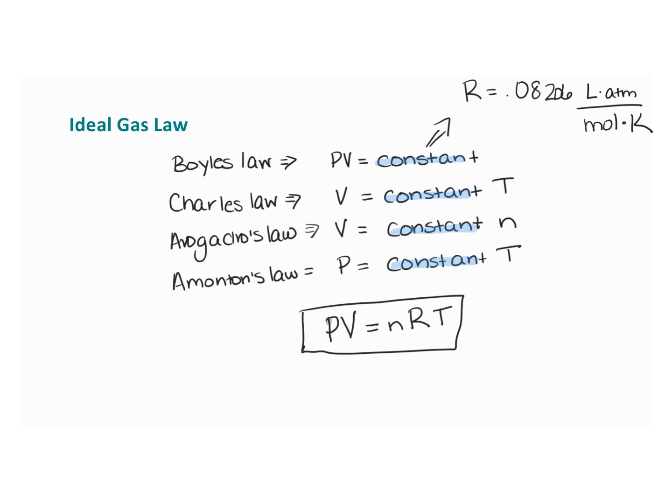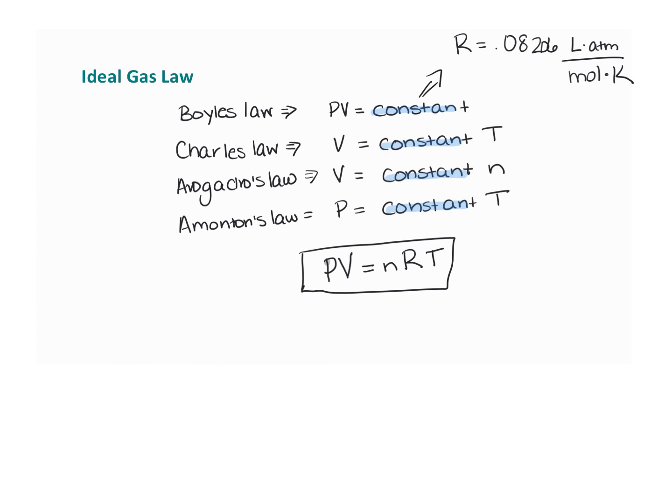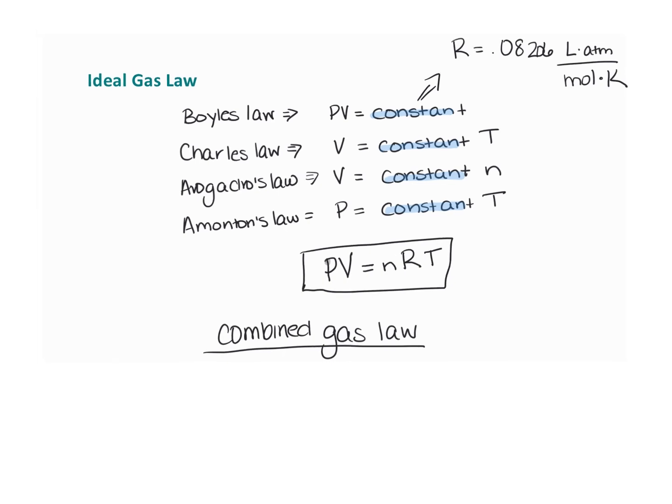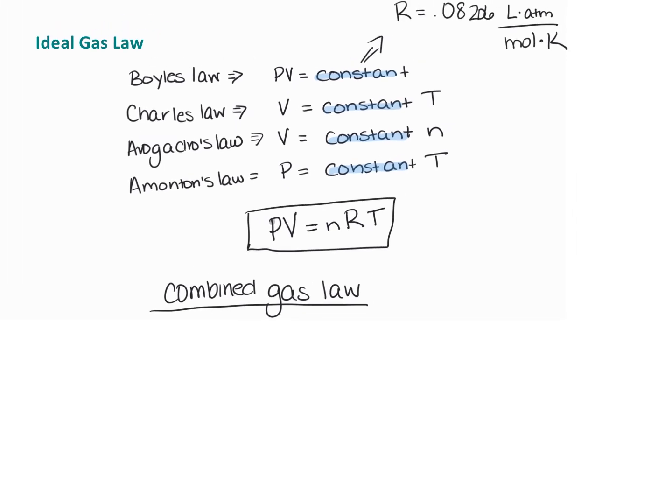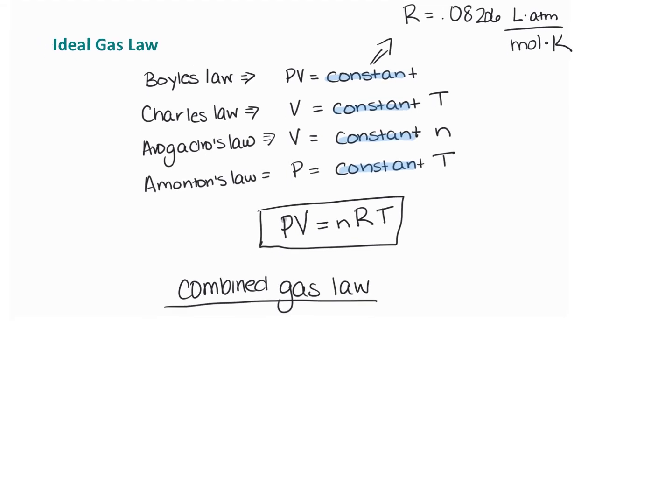I want to point out one other law really quick, and that is the combined gas law. Basically, people refer to the combined gas law if you have two sets of conditions, and the number of moles are constant.